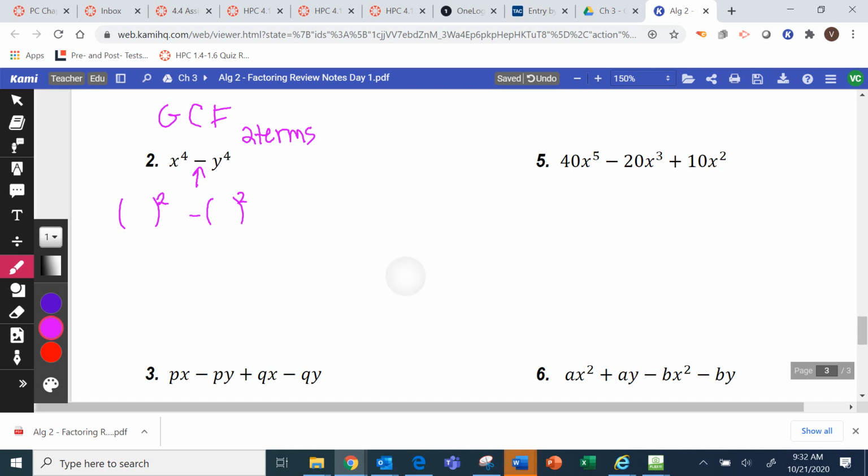The answer is yes, we can. Jenna, do you know what it is? No. 1 times 1 is not x to the 4th. So what times what gives me x to the 4th? What times itself gives me x to the 4th? Tessa? X squared. If we do x squared times x squared, then we have 4 x's there, x to the fourth.